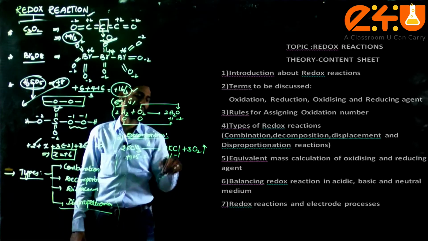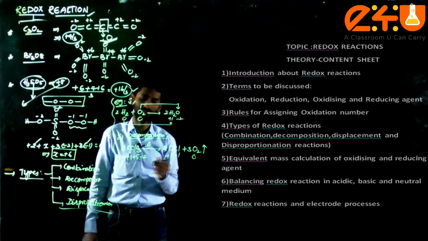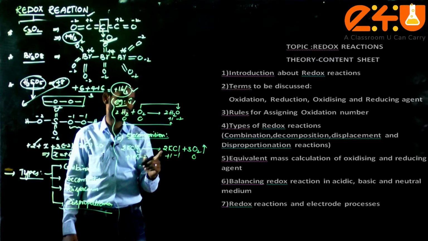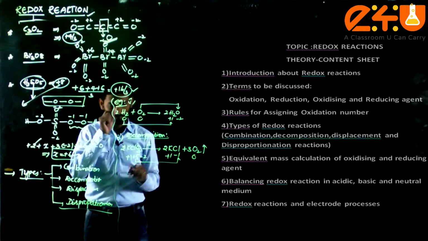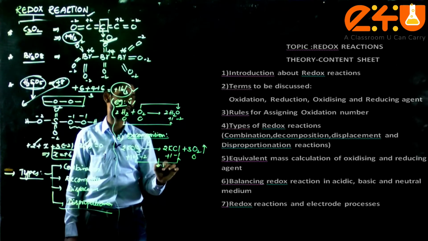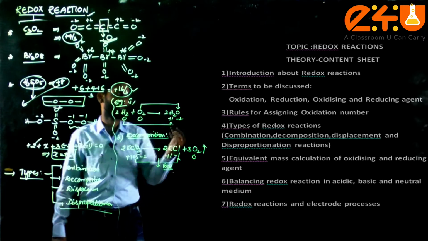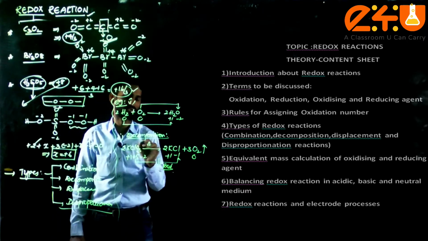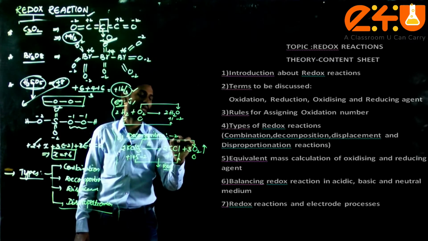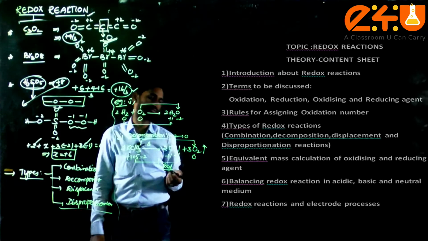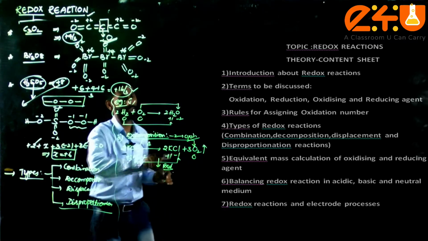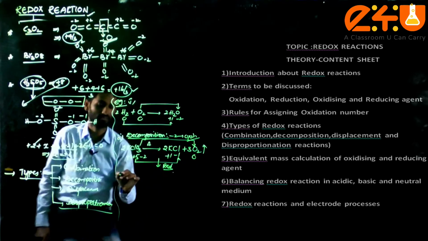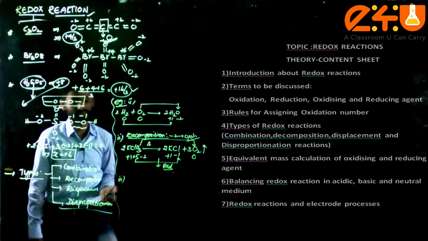Potassium is +1, chlorine is +5, each oxygen atom is -2. On the product side potassium is +1, chlorine is -1, and elemental oxygen is 0. Potassium doesn't change. Chlorine goes from +5 to -1, a decrease in oxidation number, called reduction. Oxygen goes from -2 to 0, an increase in oxidation number, called oxidation. Both oxidation and reduction take place, so it is called a redox reaction.